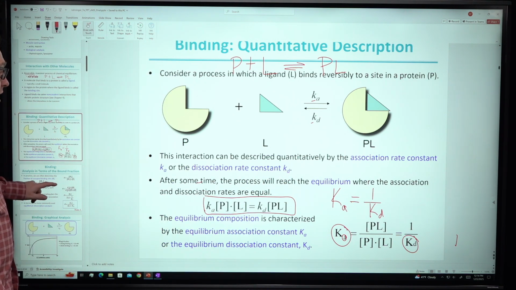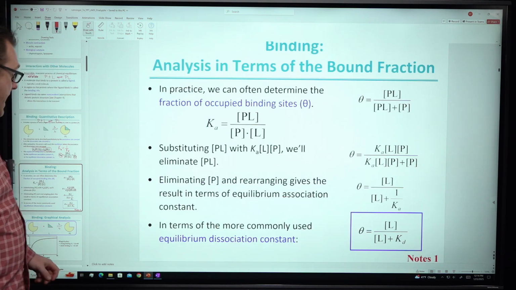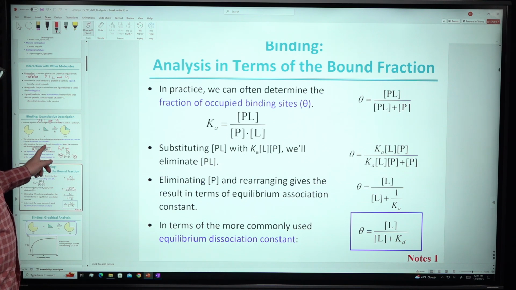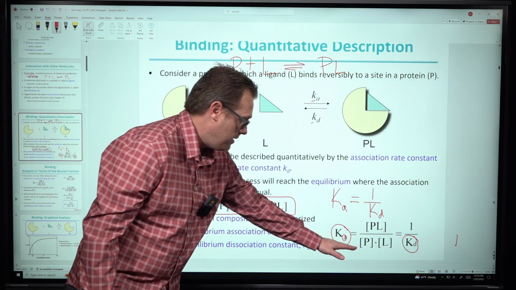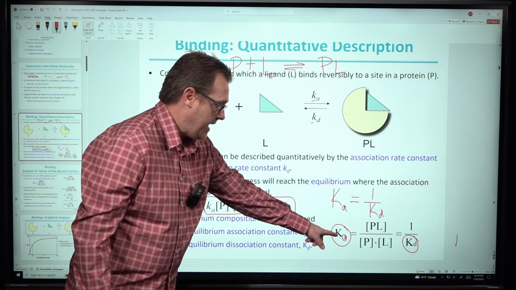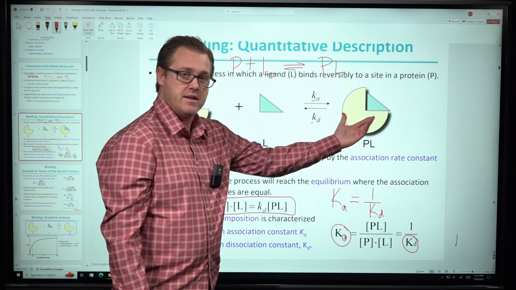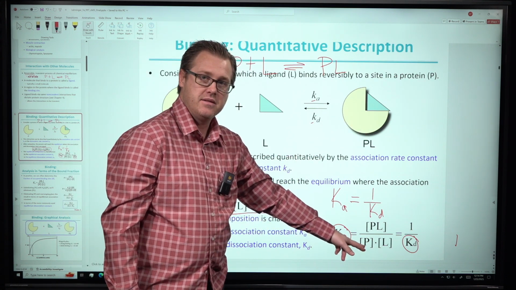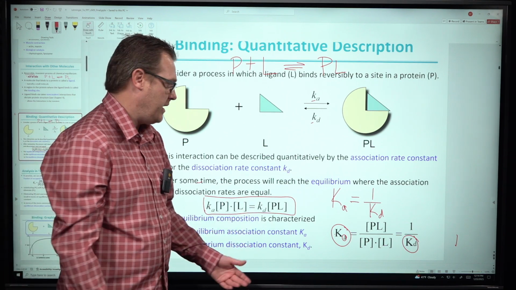So let's continue on. If we take a look at Ka a little bit more closely, we see that the Ka is what? Products divided by the reactants, just like any other equilibrium constant that you've seen in the past.